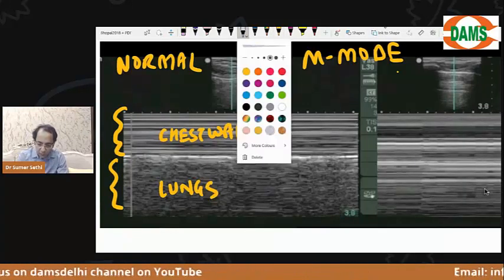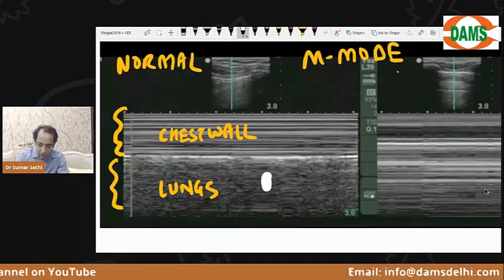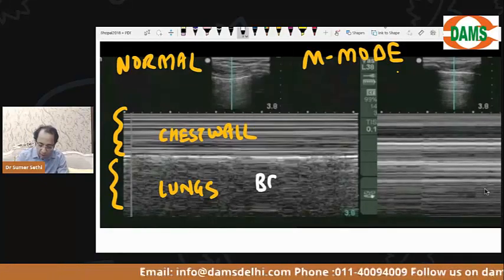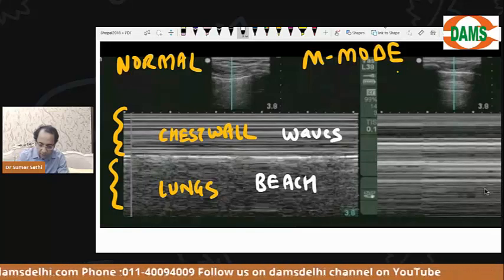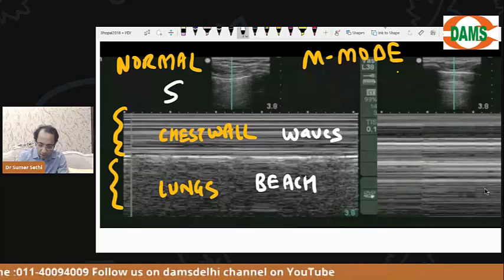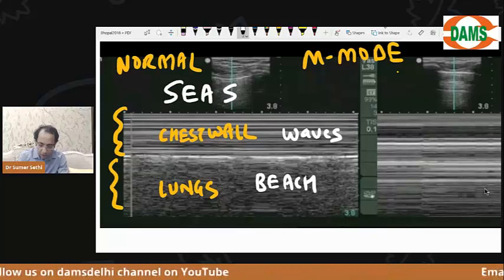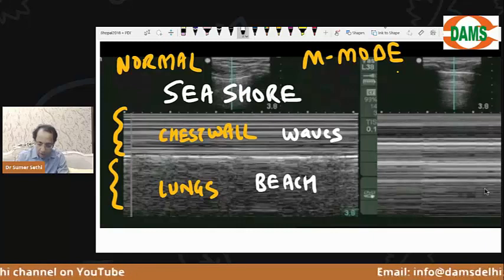It looks as if this entire area is a beach and these are the waves. This is called seashore appearance.